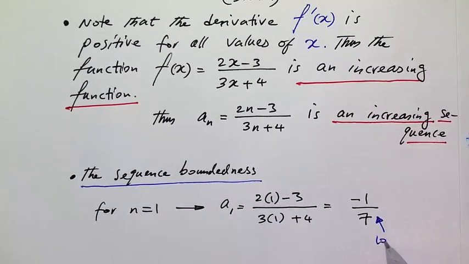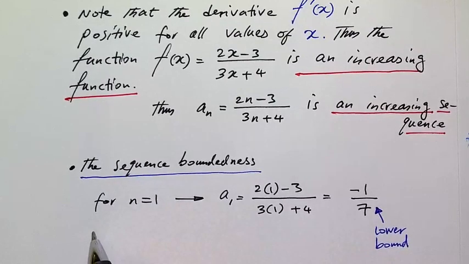So this would be the lower bound. And then n goes large. And so let's see, we can make a relative comparison here. And the upper bound.